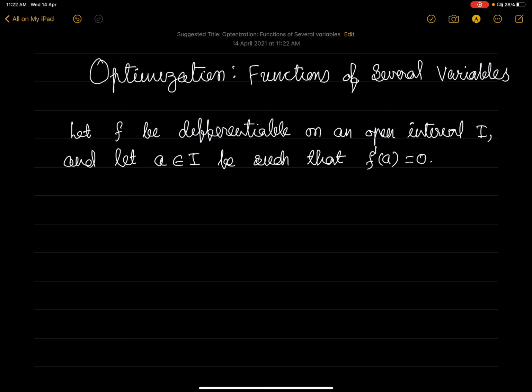Such points are also called critical points of f, or they are also called stationary points of f. Critical points, yes.